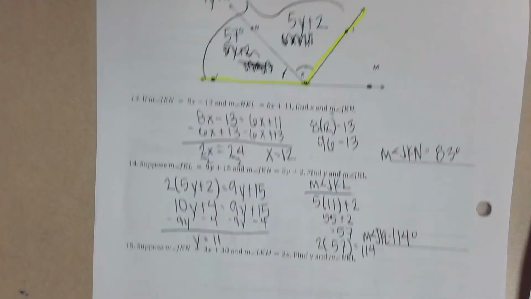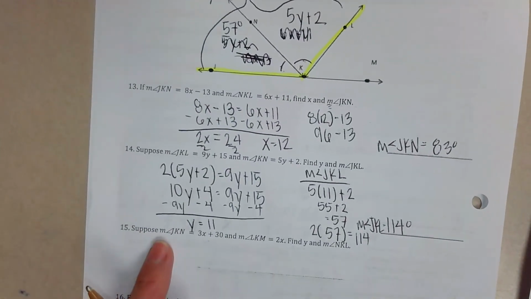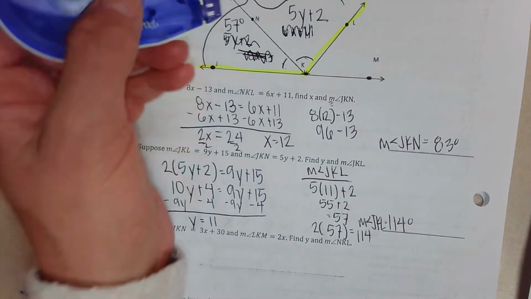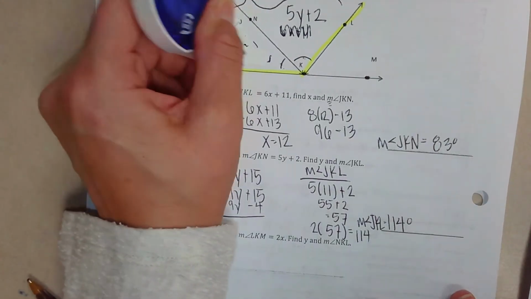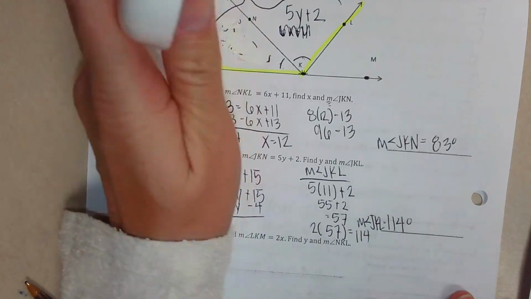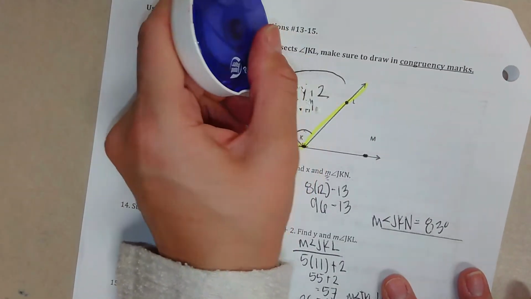All right, so this angle is going to be drawn all over because now we want to figure that JKN. I'm going to just use a little white out here. Maybe you're using pencils, so I won't have all the scribble scrabble that I have.